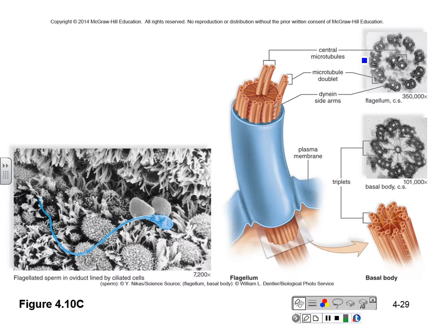Probably one of the best examples of the movement part is the flagella. We also have hair-like structures, so this is a good example of cilia. They sweep out debris or any pathogens. You can find these cilia in the lining of your windpipe, or what we call your trachea. You have them in the lining of your bronchioles, the tubes that go to your lungs.